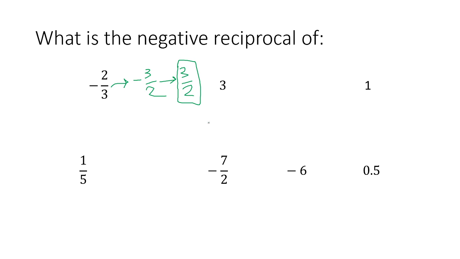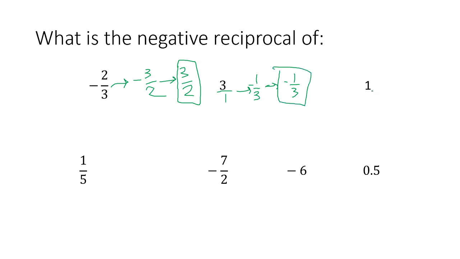That's the negative reciprocal. Do the same thing for the next one. Our 3, we can think of as 3 over 1. When we flop the numerator and denominator, that turns into 1/3, then make it negative. So it turns into negative 1/3. That's our answer.